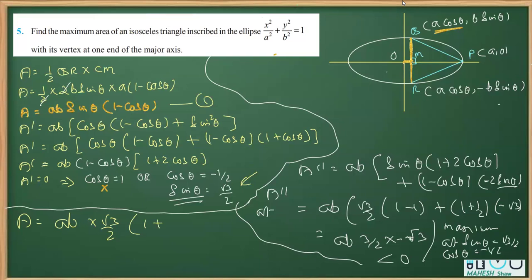So 1 minus minus half, that is plus half. So this is 3 by 2. So that is 3 in the numerator. 3 multiplied by root 3. So this is 3 by 2 when multiplied by root 3 by 2 is 3 root 3 by 4. Now I should write square unit. This is the maximum area of the isosceles triangle.